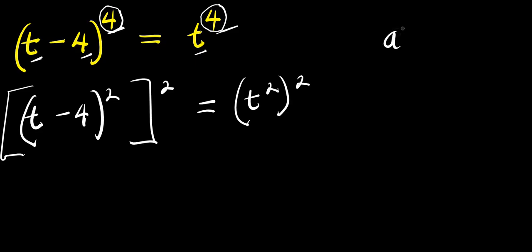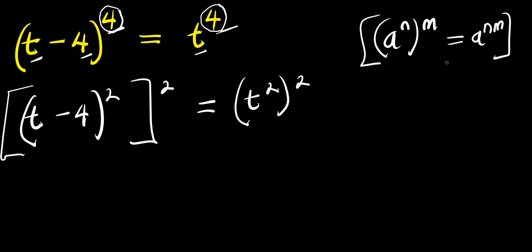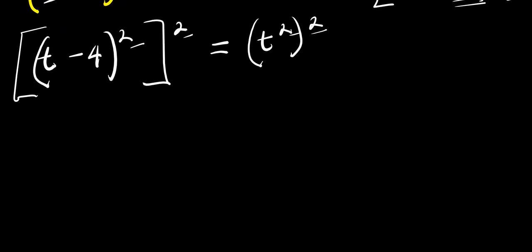Remember, if you have a power n raised to the power of m, this equals a power n times m. So based on this identity, if you multiply 2 times 2, you have 4, and if you multiply 2 times 2 again, you have 4. So from here, let's proceed.